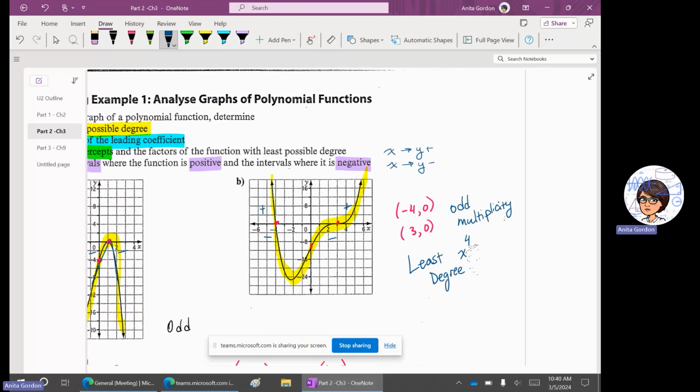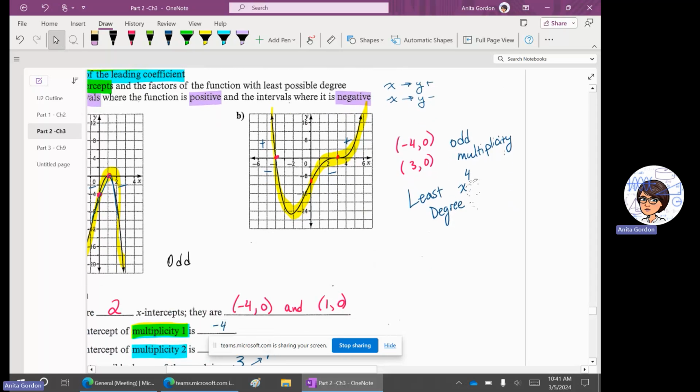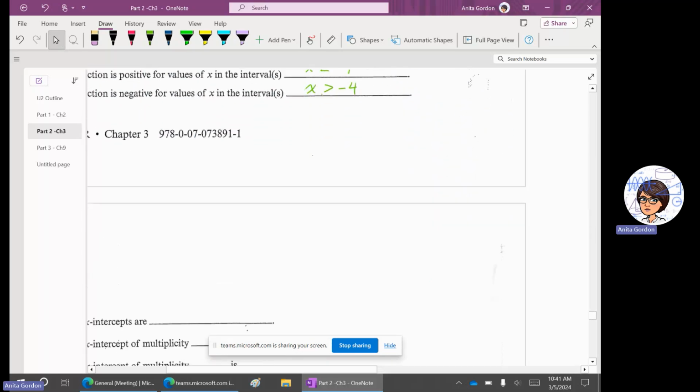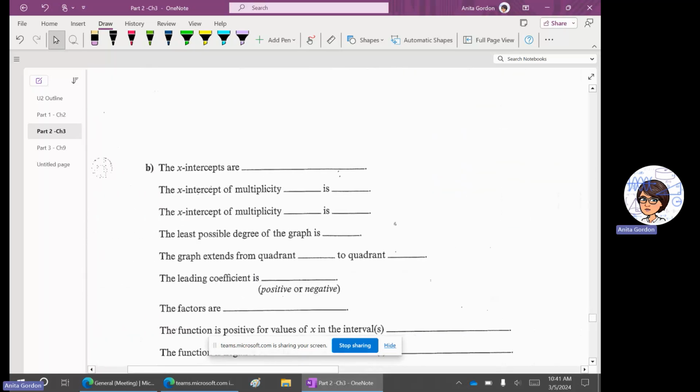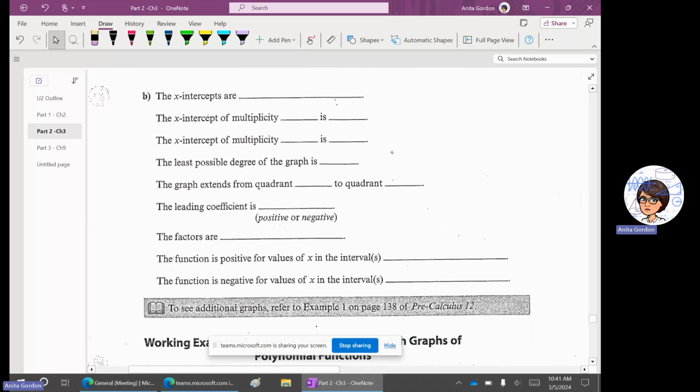So if we have odd multiplicity for these functions, then what can we say about our x-intercepts? Do we have any other x-intercepts? No, we do not. So let me just flip my page on here. I'm going to scroll down to our chart and fill in the information.